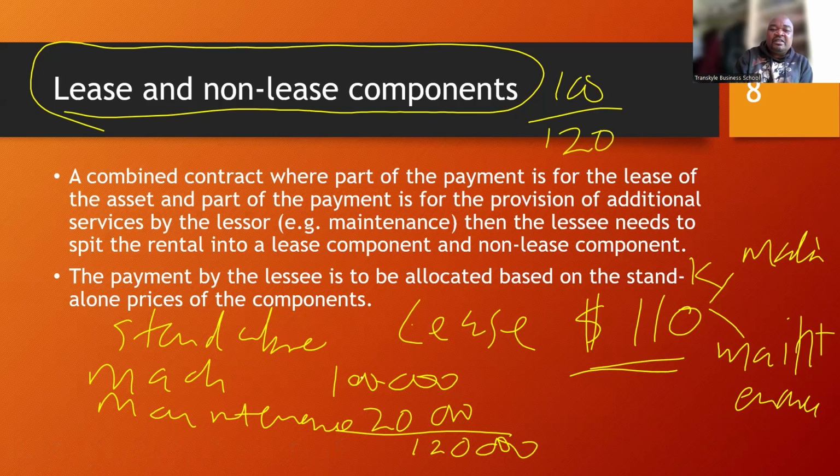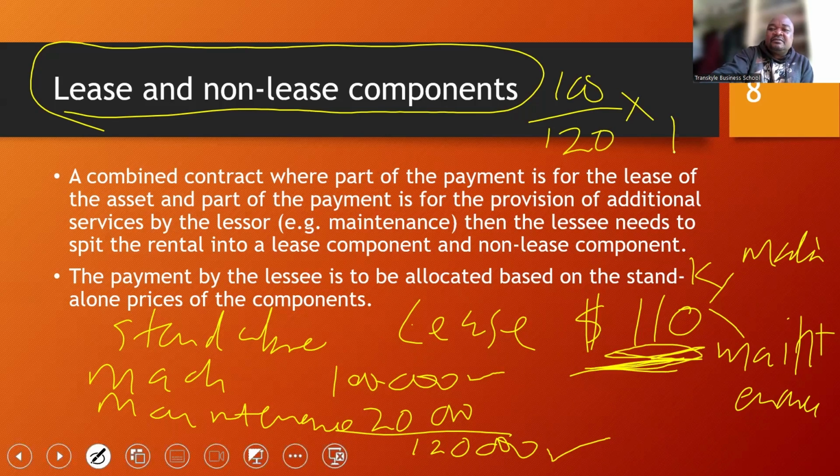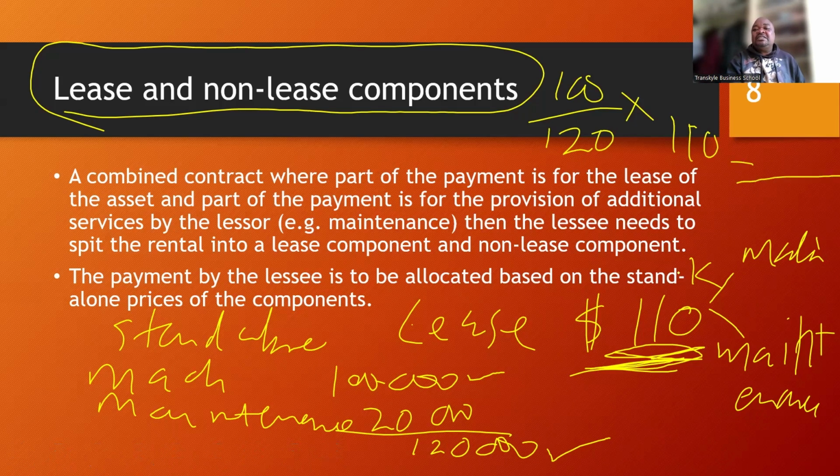The 100 over 120 multiplied by 110. This is the 110 we are talking about. And we get the amount to be allocated to the lease.